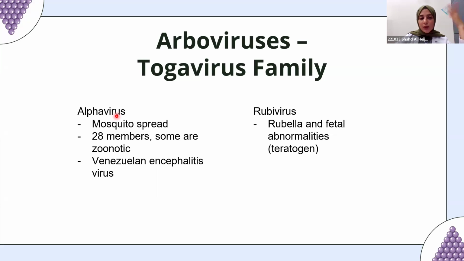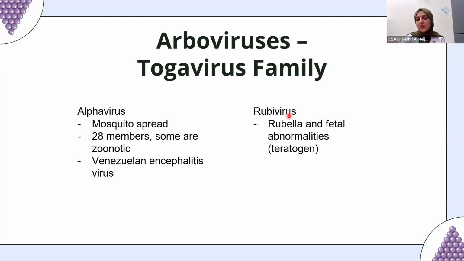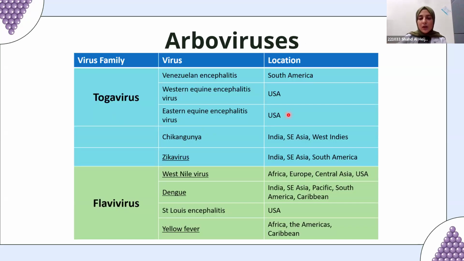Under alpha viruses you can have the Western equine, Eastern equine, chikungunya, and all those are under Toga viruses. You also have rubi viruses, which only has rubella. Rubella, we said, is teratogenic. It can cause fetal abnormalities when transmitted from the mom to the baby in utero.